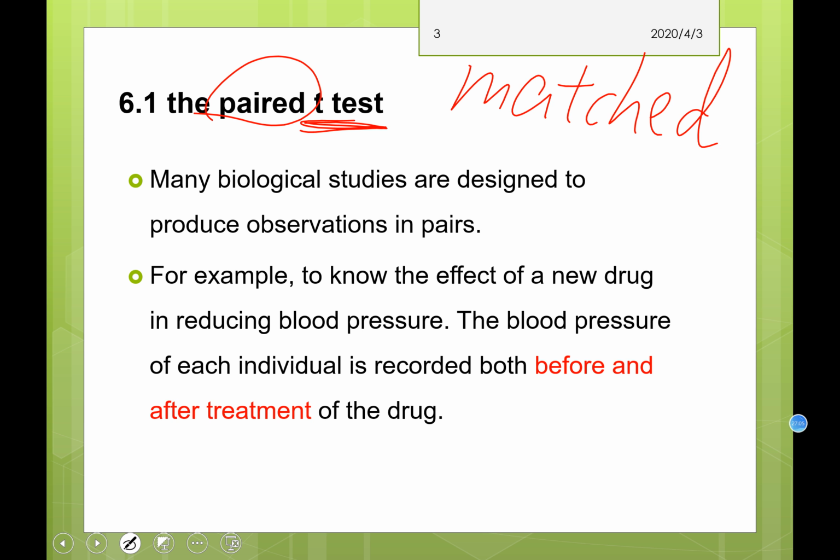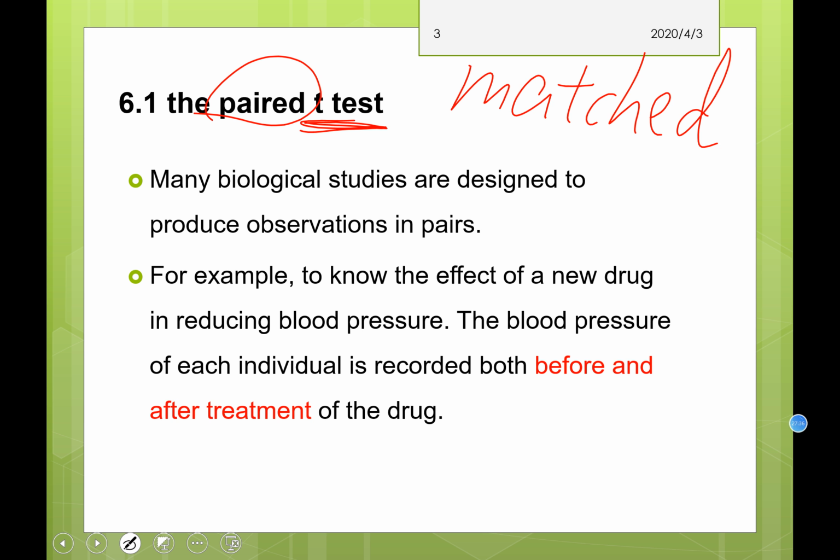That means we usually use two persons or two individuals as a pair. For example, to know the effect of a new drug in reducing blood pressure, the blood pressure of each individual is recorded both before and after treatment of the drug.